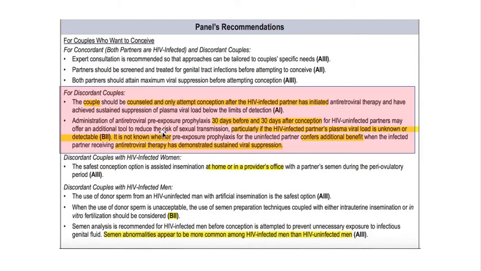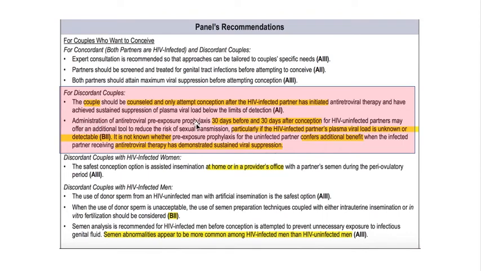And as you can see from these recommendations, they should be counseled and only attempt conception after the HIV-infected partner has initiated antiretroviral therapy, and you can document that there's a viral load below the level of detection. This will not, I repeat, not be 100% protective, but the rates of transmission when the viral load is below the limits of detection is extraordinarily rare.